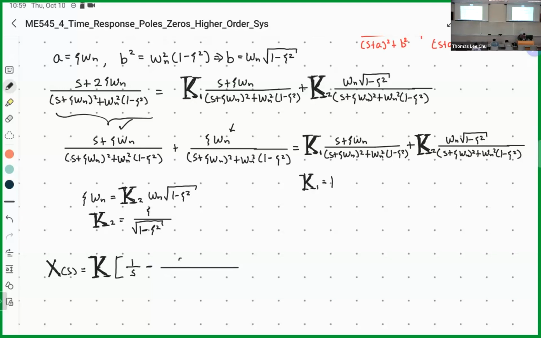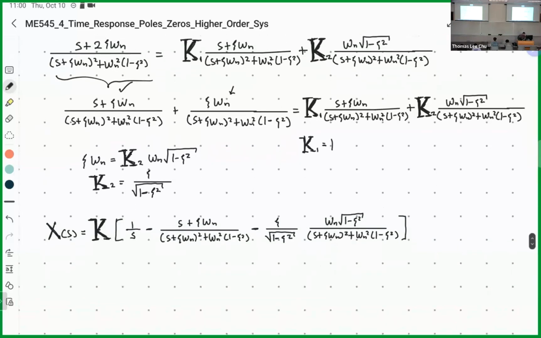We now get s plus zeta omega n divided by (s plus zeta omega n) squared plus omega n squared times (1 minus zeta squared), minus, because we were applying the minus sign, zeta divided by the square root of 1 minus zeta squared, multiplied by omega n times the square root of 1 minus zeta squared divided by (s plus zeta omega n) squared plus omega n squared times (1 minus zeta squared).